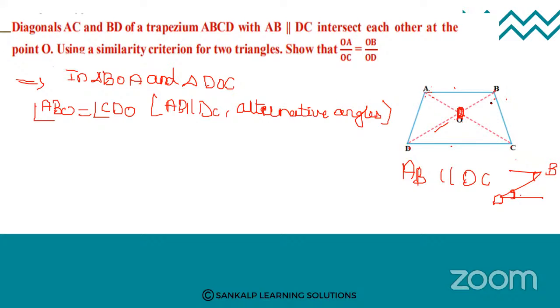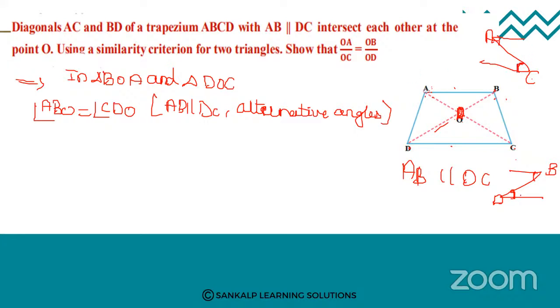Next, only these two are alternate angles? No. C and A are also alternate angles. If you observe BACD carefully, this also comes in a Z shape. So A is here, C is here. Therefore, A and C are equal because these two are alternate angles.